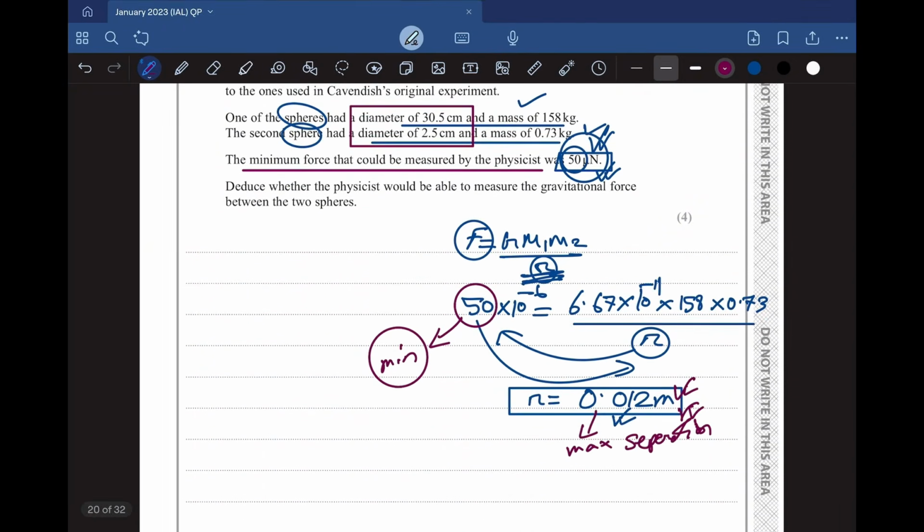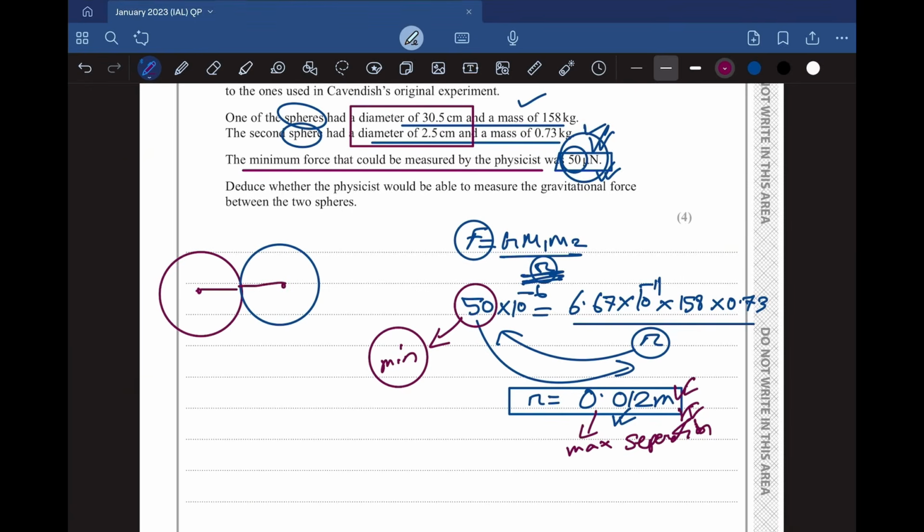Now let's think of one sphere like this and the second sphere like this. So basically there are the two spheres. Now the two spheres will have radius, right?